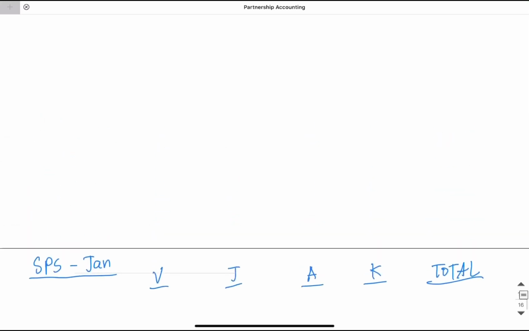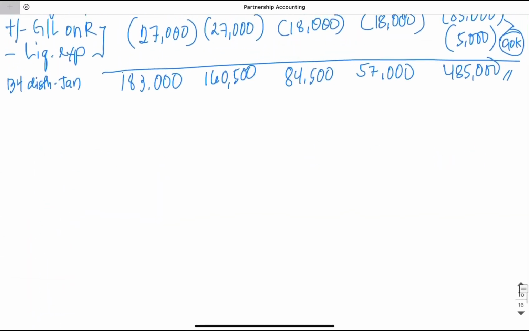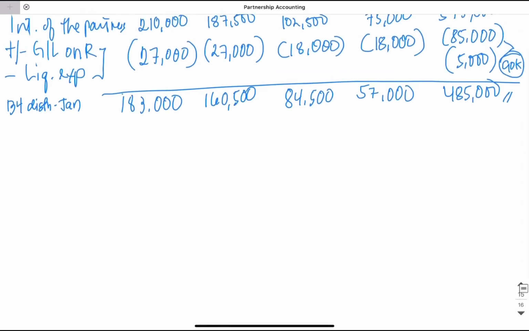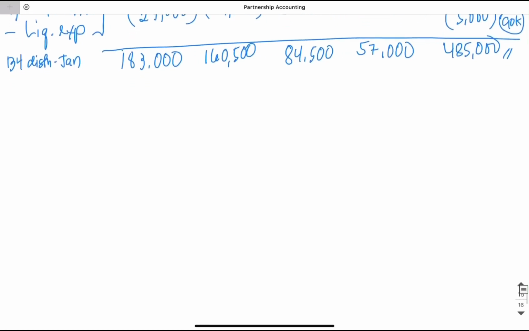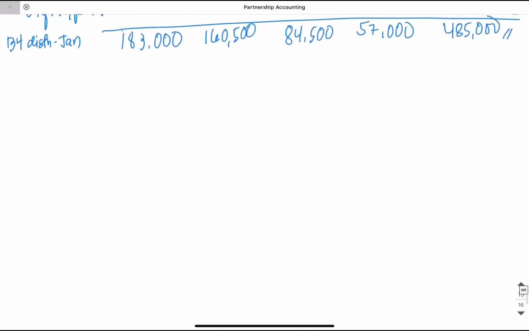So safe payment schedule for the month of January. Our starting point would be the balances before the distribution in January, after affecting the actual transactions. So we have 183, 160,500, 84,500, 57, and 485. So let's just copy everything.